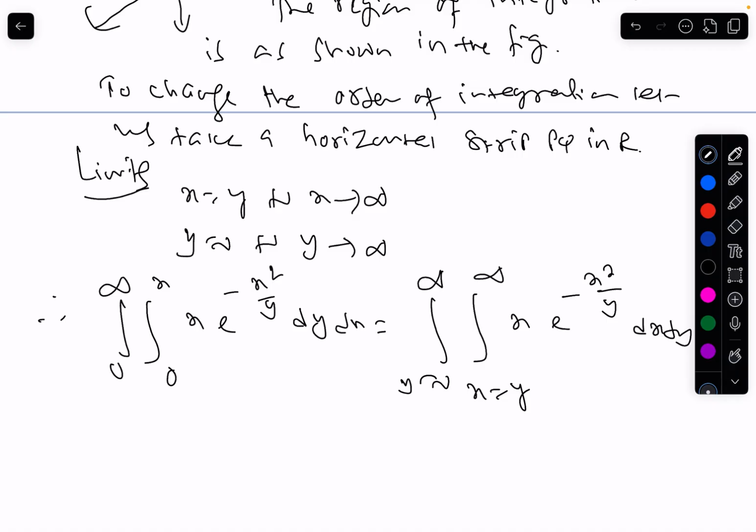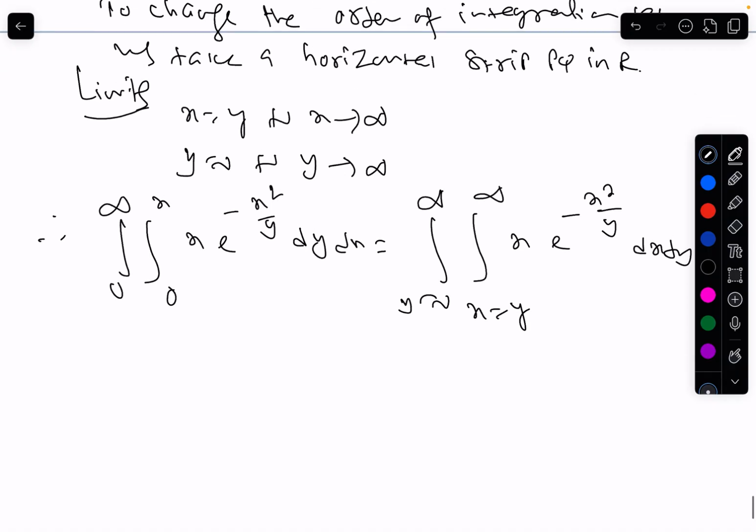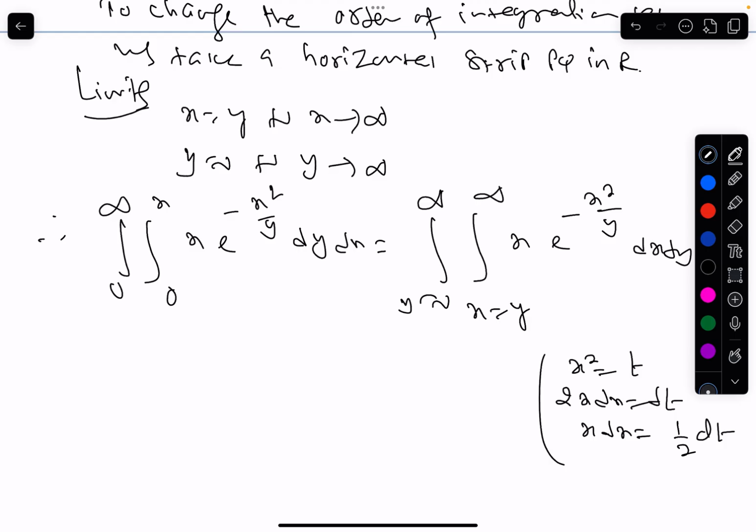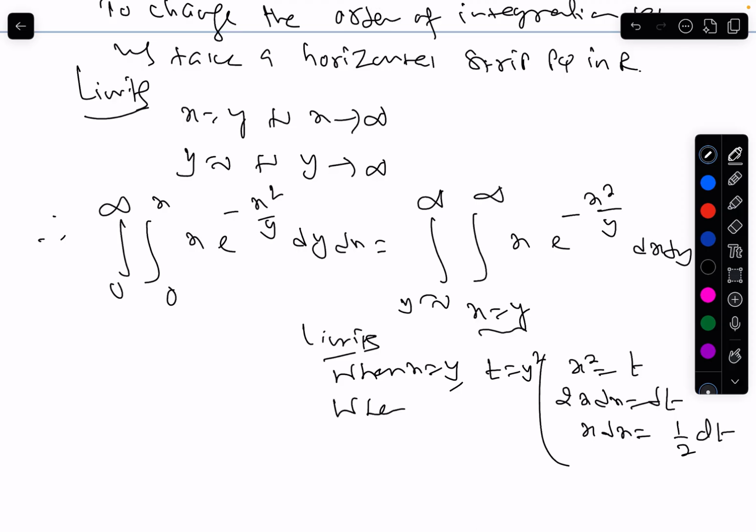Now we can take x square equal to, say, t. Then 2x dx is equal to dt, or we can say x dx is 1 by 2 dt. Then limits: when x is equal to y, t equals y square, and when x tends to infinity, t also tends to infinity.